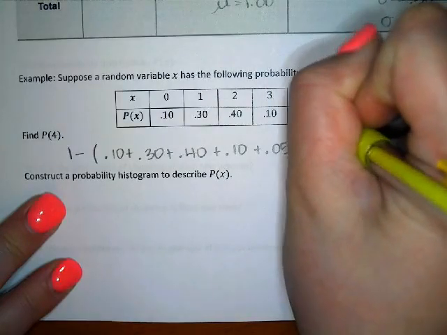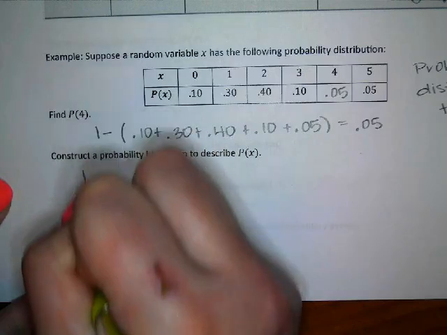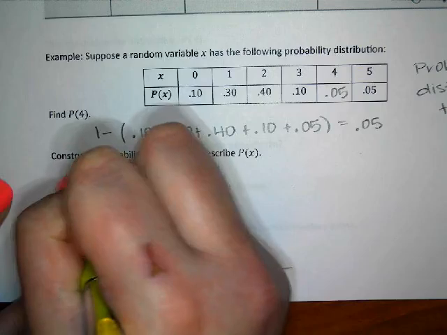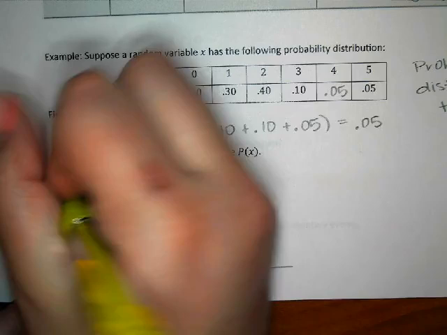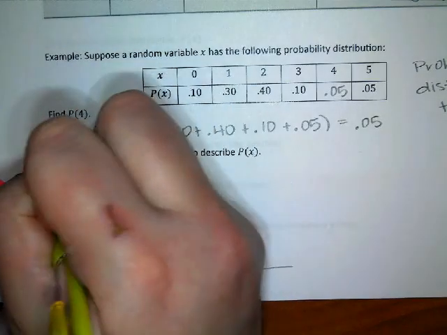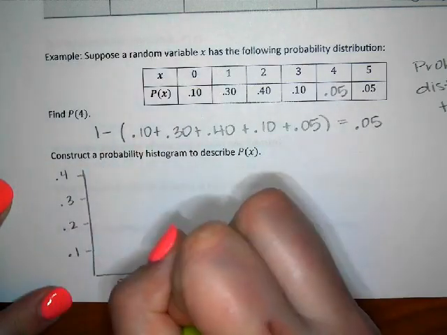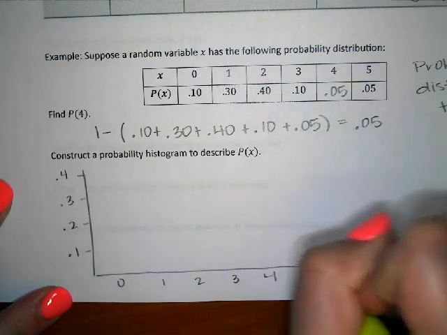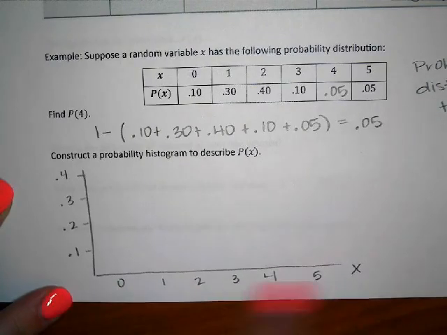Okay, construct a probability histogram. So since the highest probability is 0.4, I only did 4 lines. And then these across the x-axis are going to represent my random variable x.